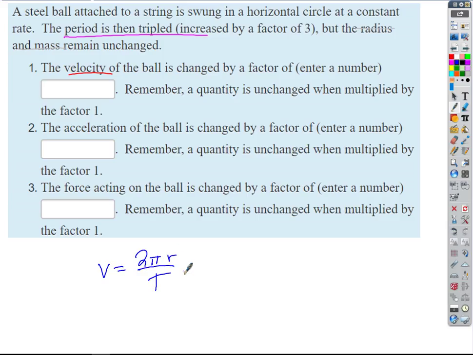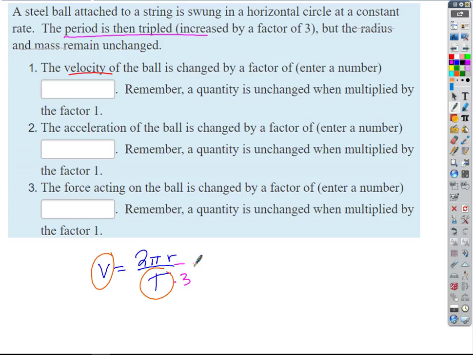What are the things that are changing in this case? T and V, right? Everything else is staying the same. Those are the only quantities that are varying. Because it's an equation, if I'm going to multiply the period by 3, what do I have to do to the velocity?